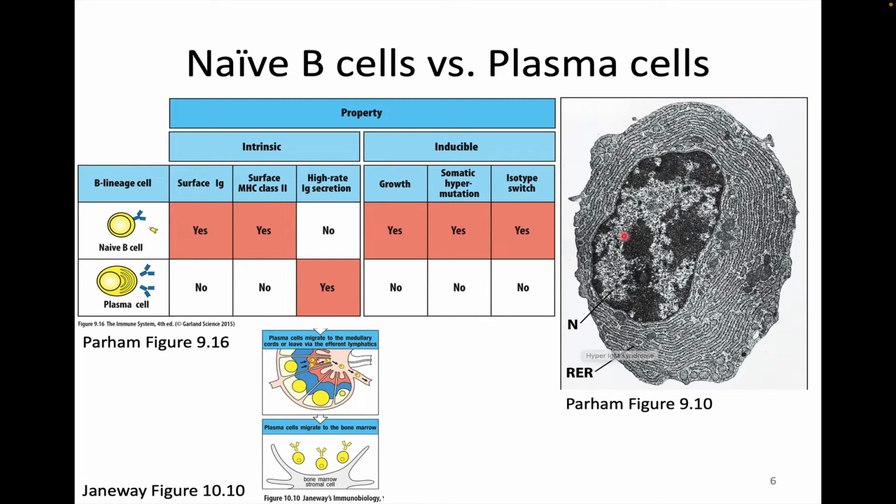And that cell has really, really dramatically changed its whole cell structure in order to make high levels of antibodies. And so that may not be a situation where that cell is going to be able to live for a super long time, because it has altered its biology quite a bit.